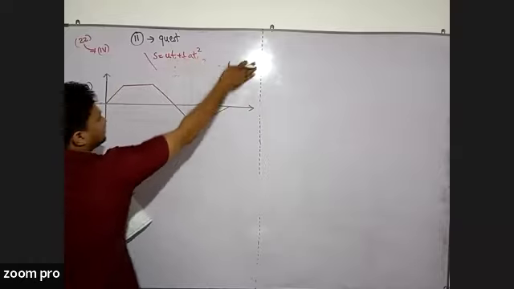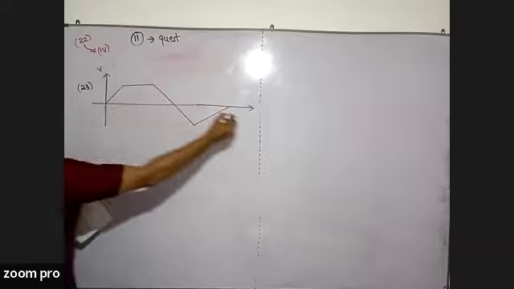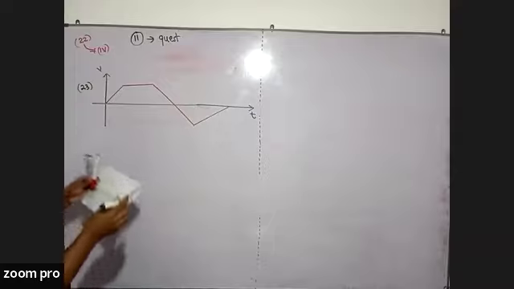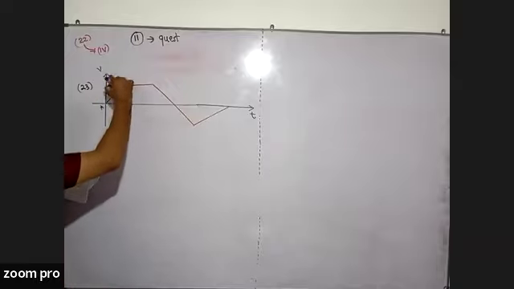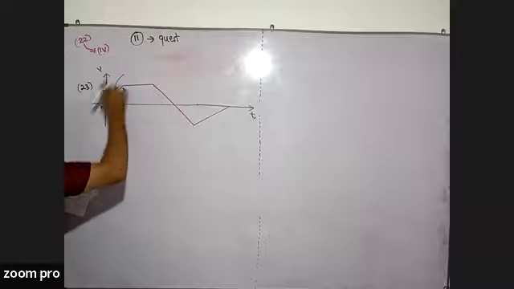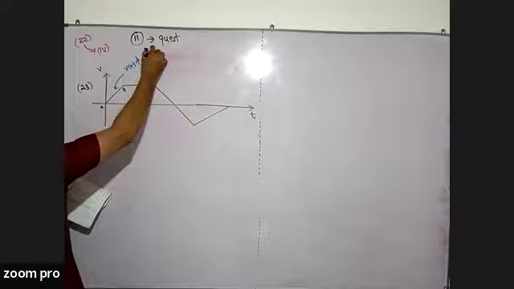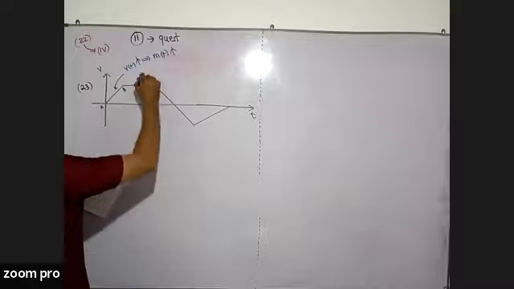Right. Now we have to obtain the displacement time graph from the velocity time graph. So from A to B, what happened to the velocity? Velocity is positively increasing. That means the gradient in the displacement time graph should also be positively increasing.